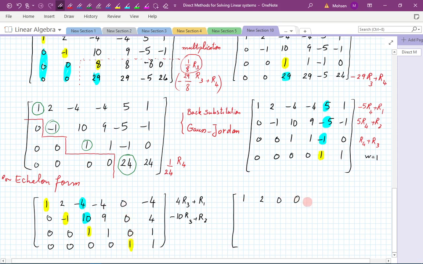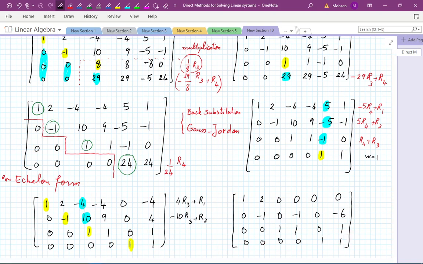This is 0 and 0, so I just get a 0. 4 times 1 and add it to minus 4, that also, so lots of accidental zeros. Minus 10 times this, so I have 0, minus 1, this becomes 0, this becomes -1, this becomes 0, this added to that becomes -6, and I have 0, 0, 1, 1, 0, 1, and last rows stay as they were.